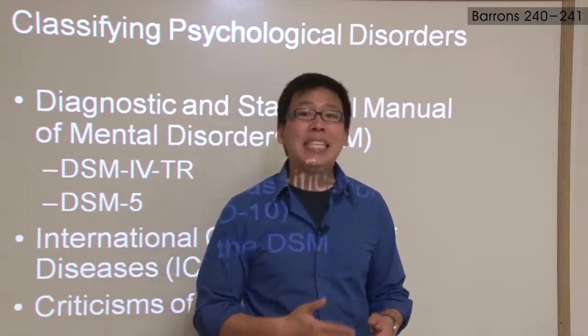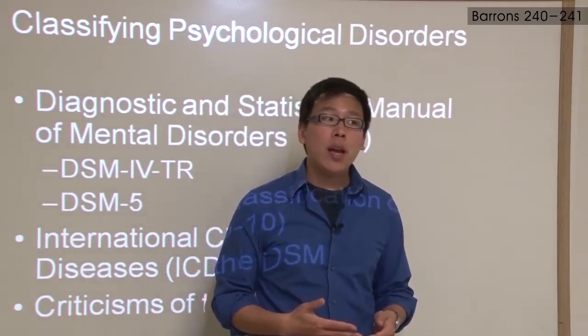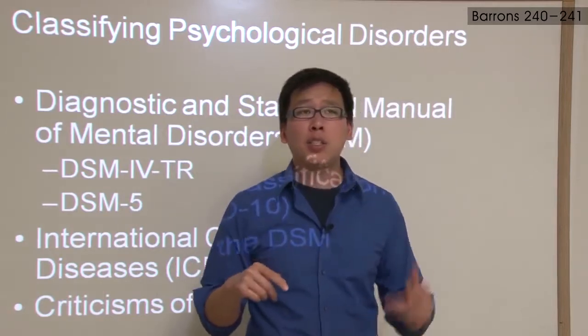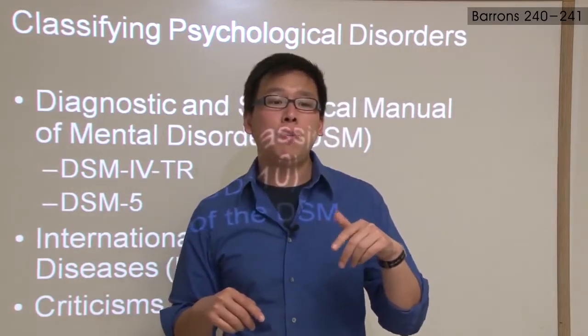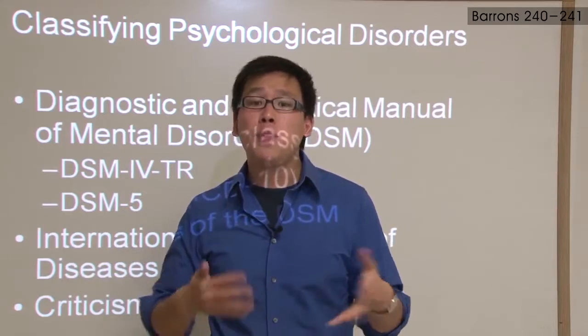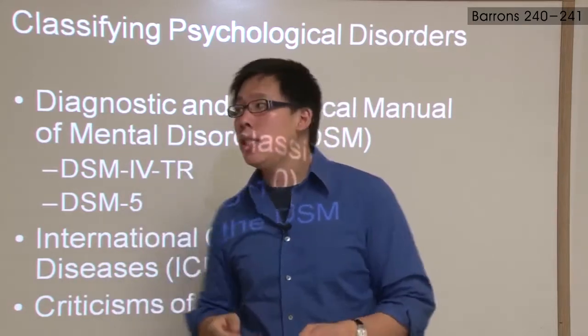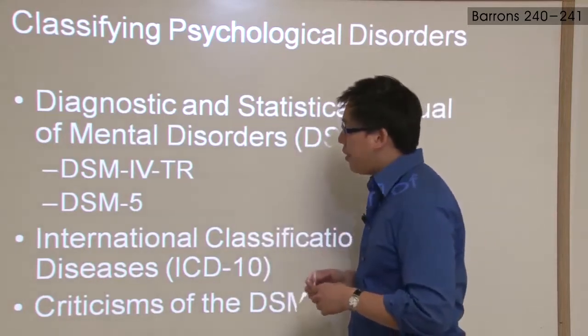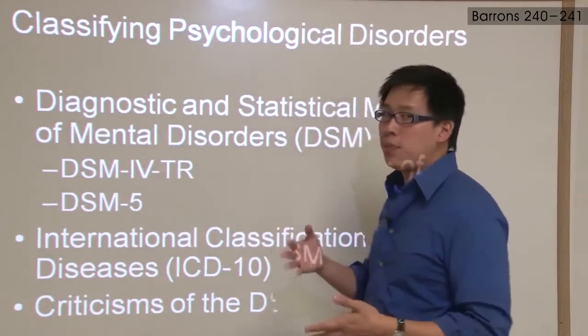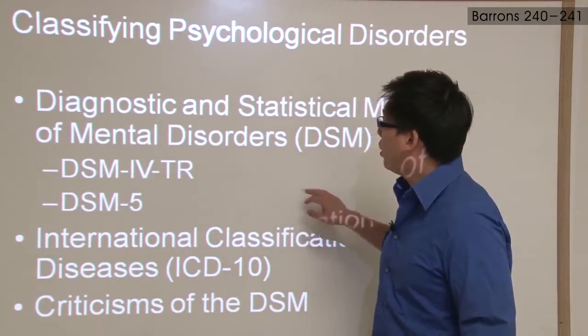So they actually delisted it as a mental disorder, even though they now understand that a lot of the stress and social unpleasantness that comes from being gay, being excluded, being made fun of, can actually lead to mental illnesses. But being gay itself is not. So in between editions, they actually change and update a lot of these disorders.